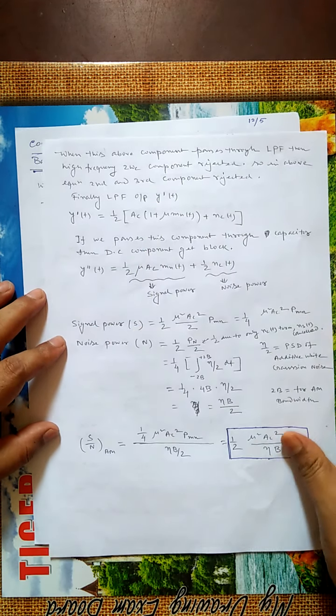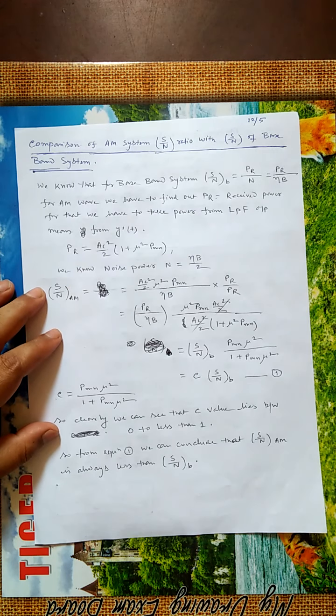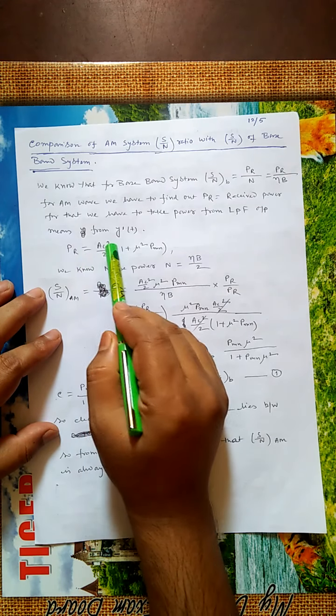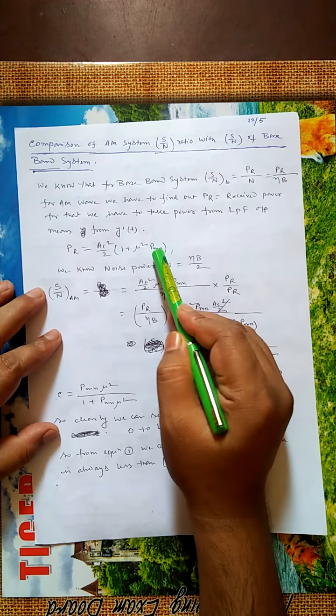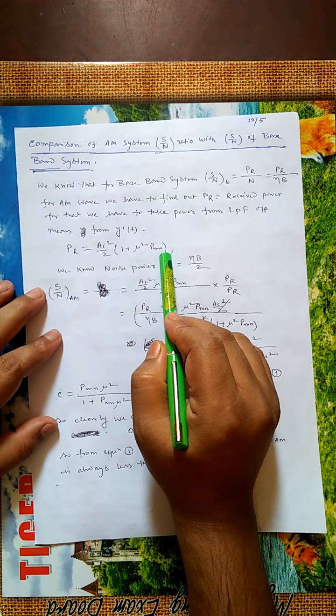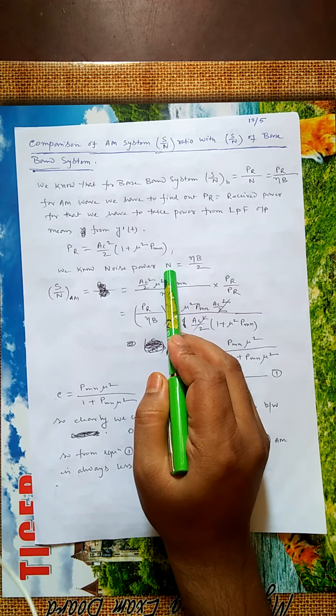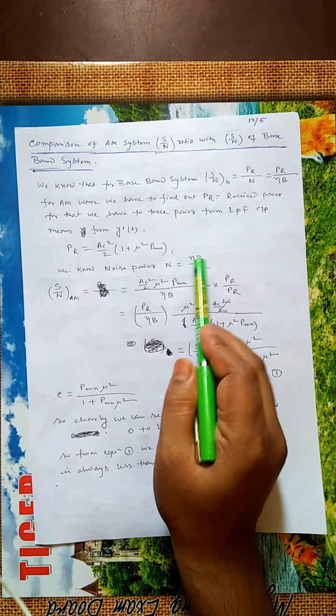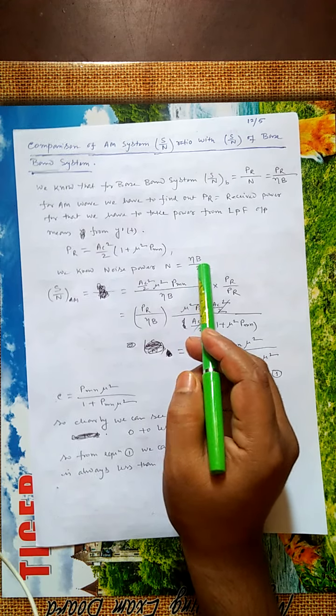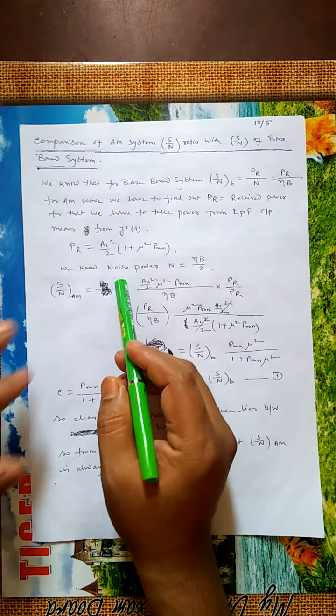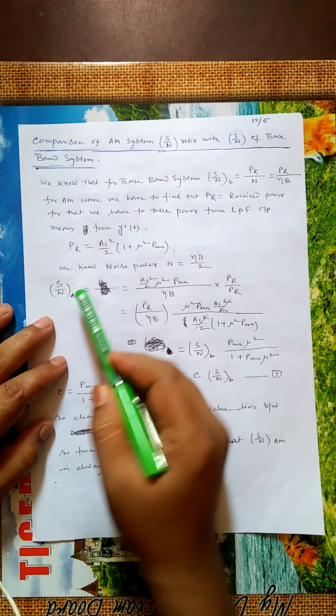From this equation we get the power. The receive power PR equals AC square by 2 times 1 plus mu square PMN. And we know that the noise power for AM equals eta B by 2.